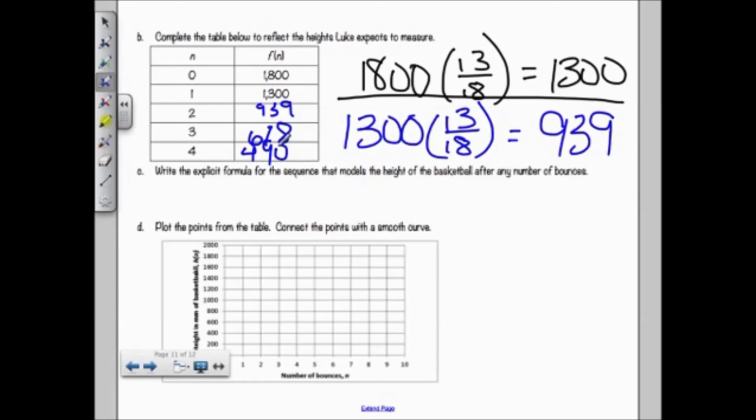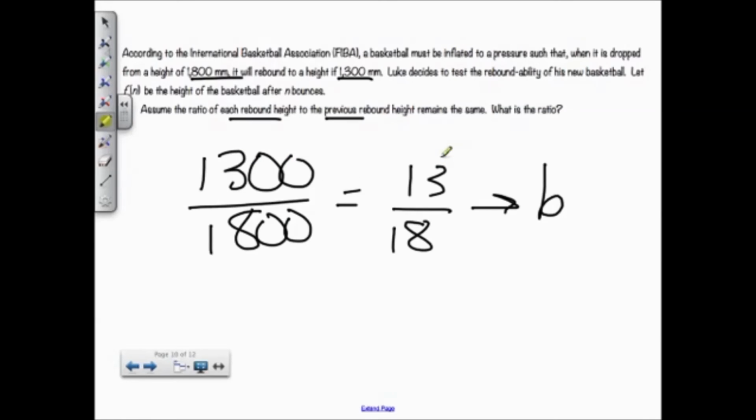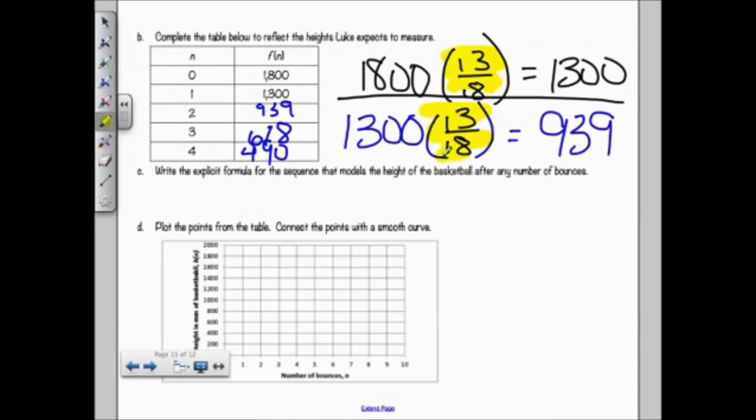Question C says, write the explicit formula for the sequence that models the height of the basketball after any number of bounces. Remember, you're repeatedly multiplying by 13 over 18. This value is your B value, your growth value, and think about what your initial value is. Try to write it out yourself, and then when you're done, compare with my answer.